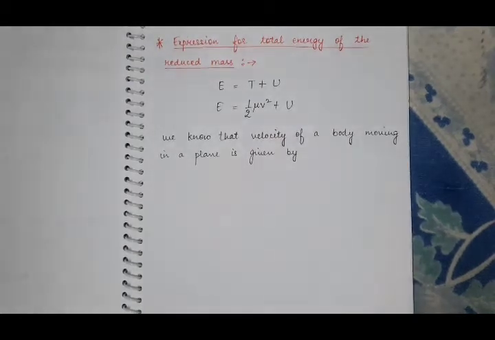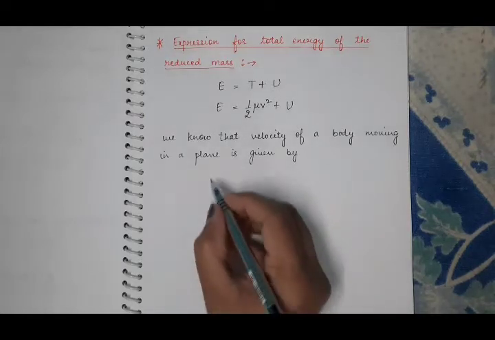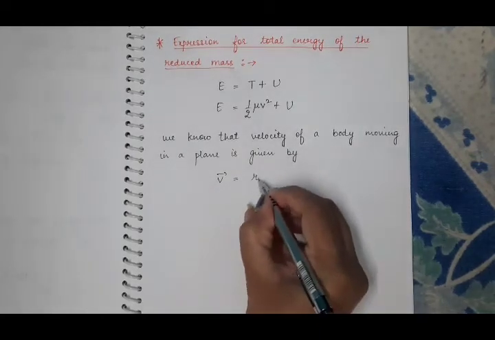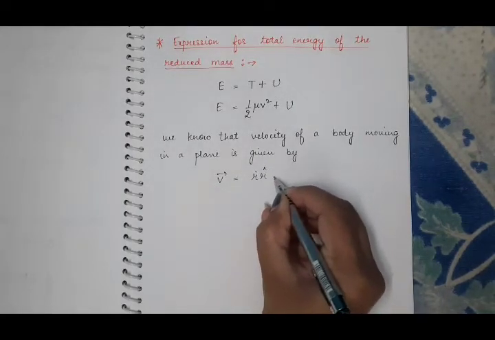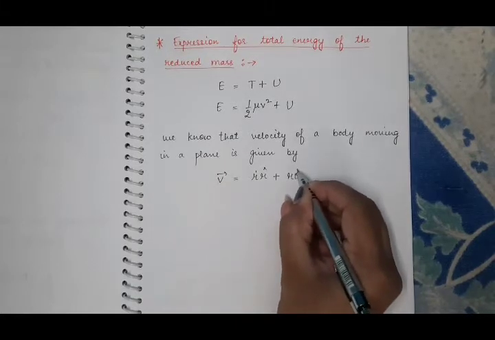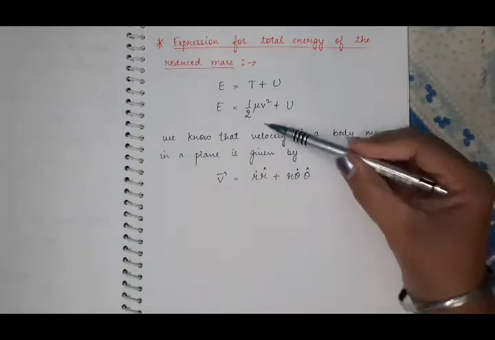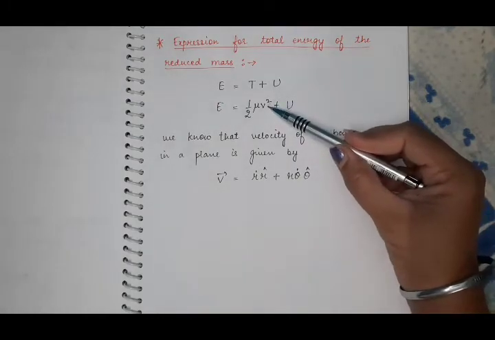Now, as the motion of the reduced mass is a planar motion, in the plane polar coordinate system, velocity is given by the velocity vector. It is equal to r dot r cap plus r theta dot theta cap. But here we have v square, meaning we need the magnitude of the velocity vector.